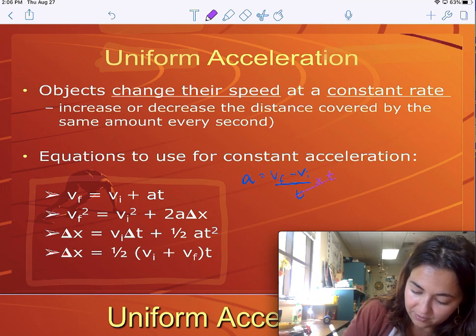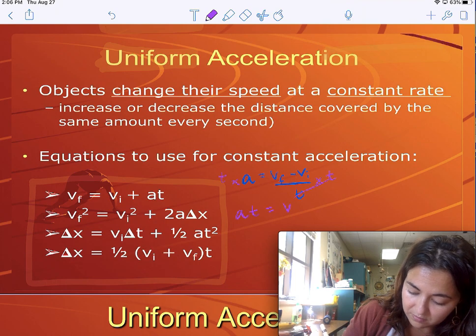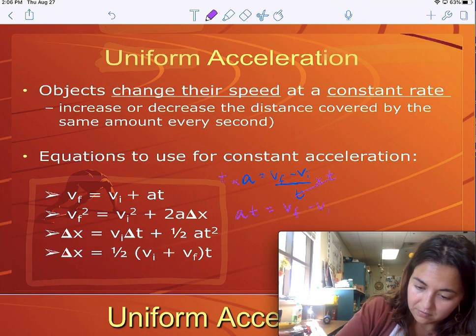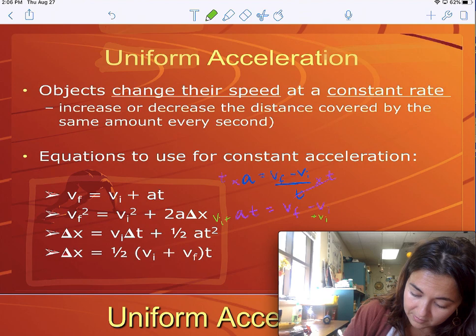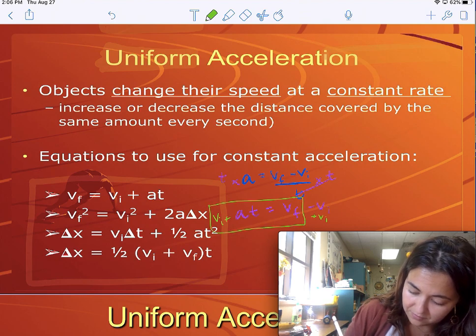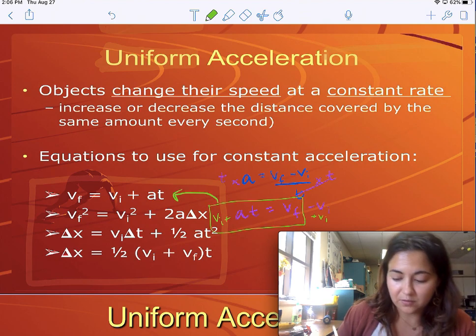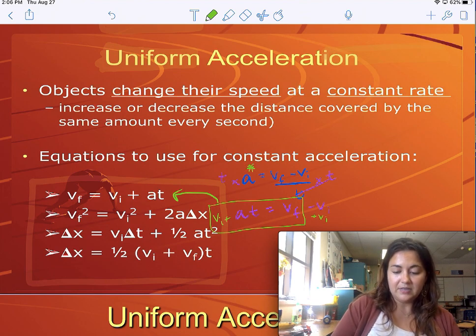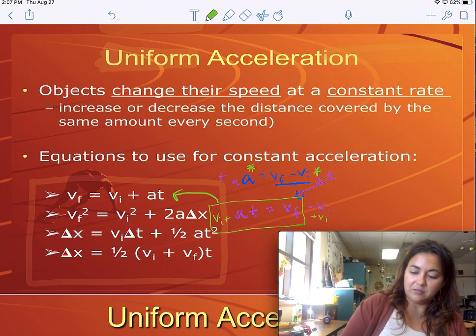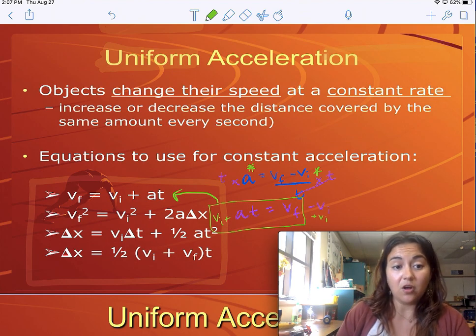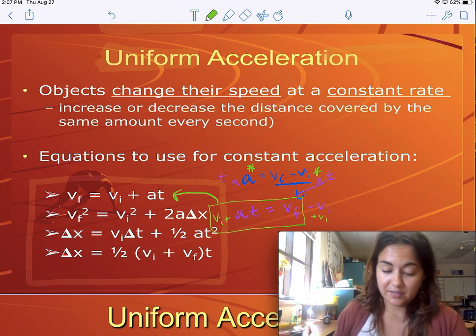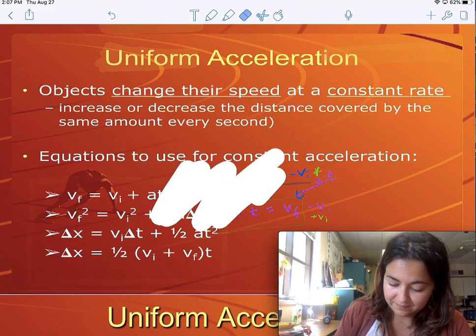You can see if I rearrange this equation, that this equation right here is the same as this equation right here. That is the average acceleration equation, just rearranged differently. You solved for final velocity instead of initial velocity, or instead of acceleration.